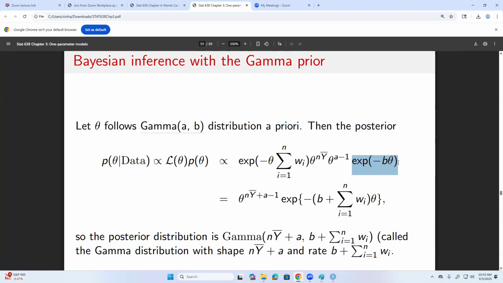Now, some people prefer writing b in the denominator, so that is also possible. You can write the prior density as theta to the power a minus 1 times e to the power minus theta over b.